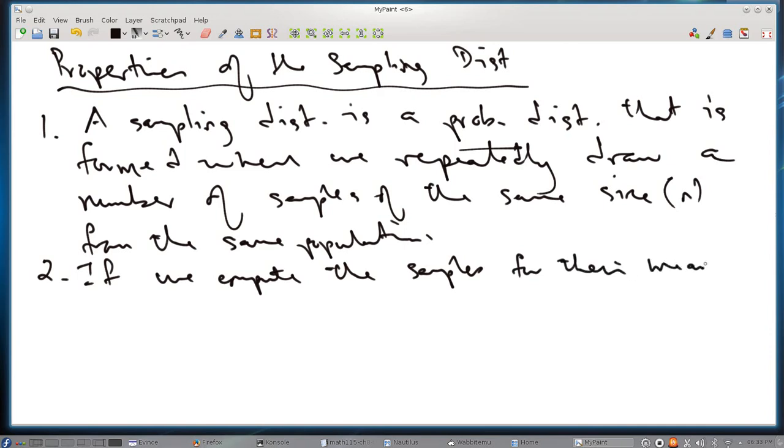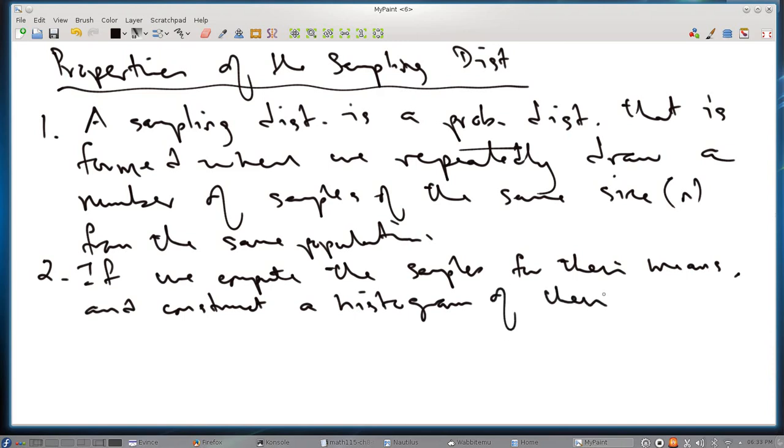So here we have a bunch of samples, and so we can compute the sample means, and we will have a bunch of sample means, and construct a histogram of their means, all of the sample means that we obtain.